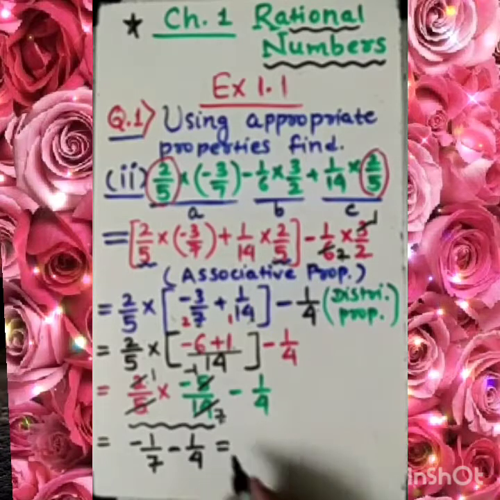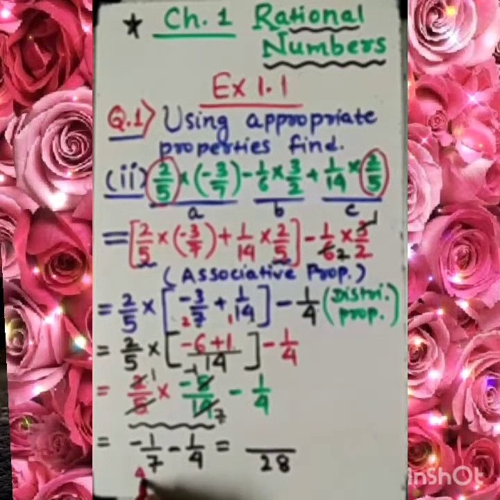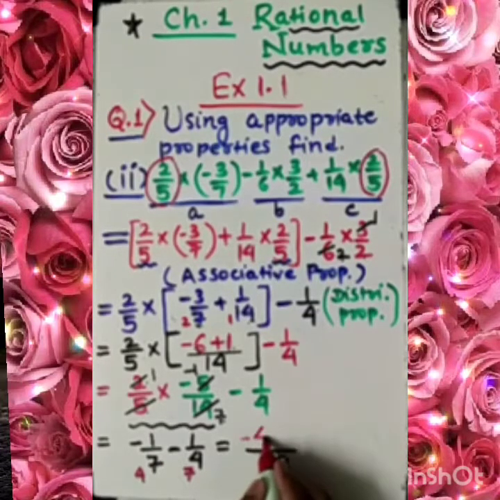Fine. Again you know that the LCM of 7 and 4 is 28. Fine, 7 4s are 28. So we need to multiply this 7 by 4 and this 4 by 7. Now with the same number we multiply the numerator. So minus 1 into 4 is minus 4.